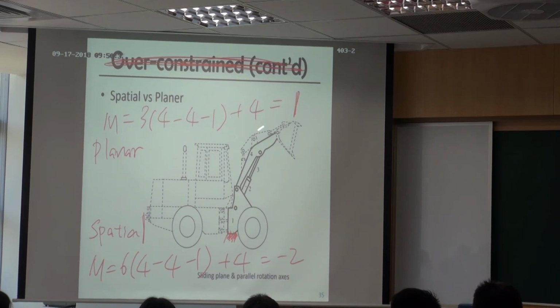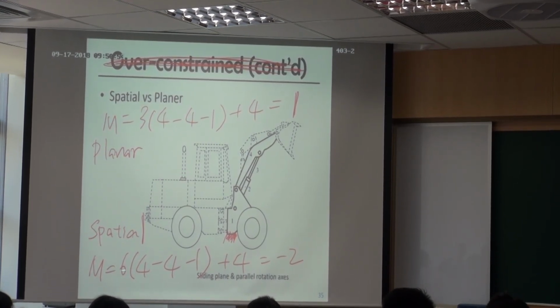So even for the same mechanism, where we didn't change anything, we consider 4 links and 4 joints, and the joints are 3 R joints and 1 P joint. P means a sliding joint. If you use the planar equation, you will get m equals 1. If you use the spatial equation, you will get m equals minus 2. But do you think this one is going to move? Is it movable? You've seen this type of machine before, right?